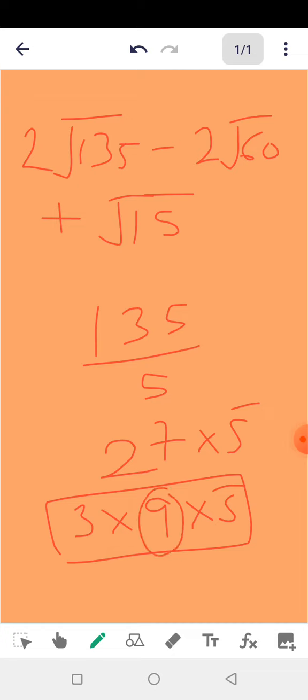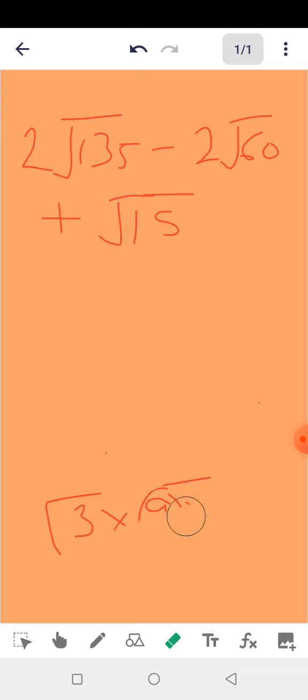For 60 also, 15 is a common factor. So 15 times 4 will give us 60. And I think we just nailed it. So guys, we can now go ahead to solve. Sometimes you have to do a quick check to know how to go about it. It's not every time you pick up a calculator and start racking your brain.